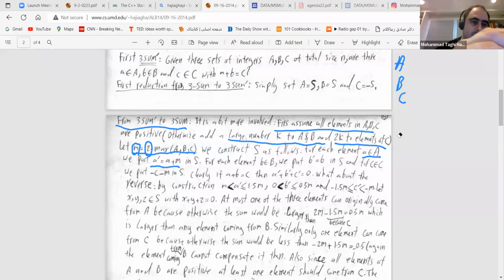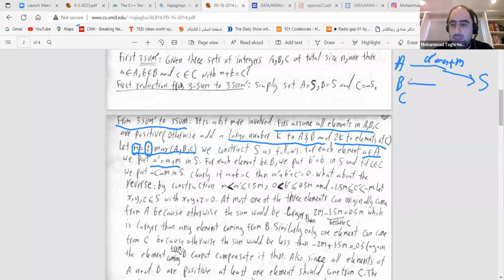Then for each A, we will put A plus M. So A prime would be A plus M. That's the element that we will put in S.